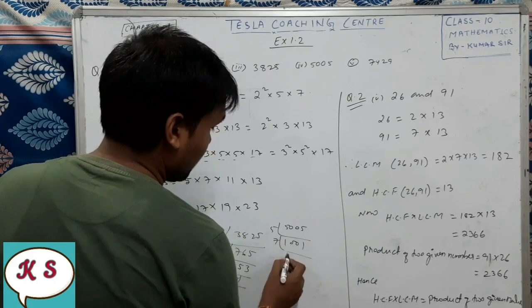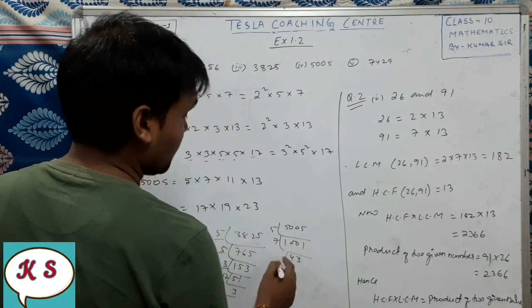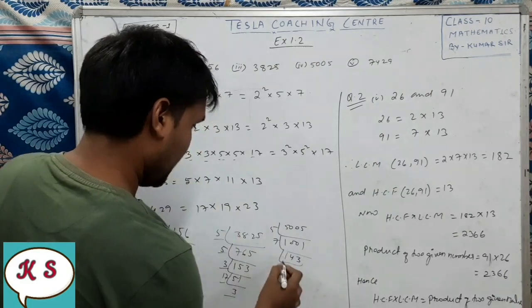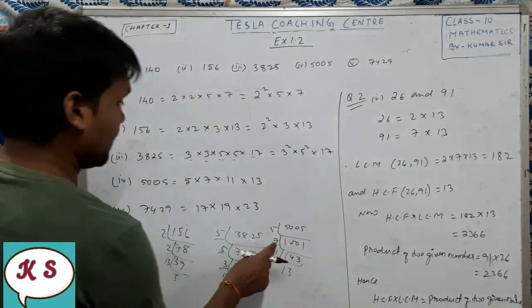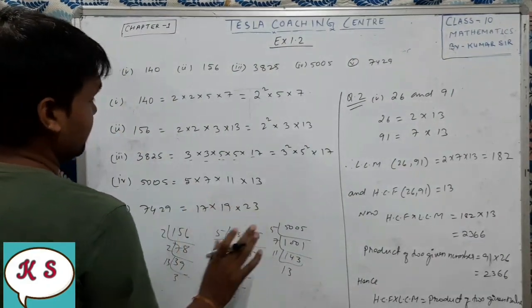Next it will go by 11, then 13. So 5 into 7 into 11 into 13.